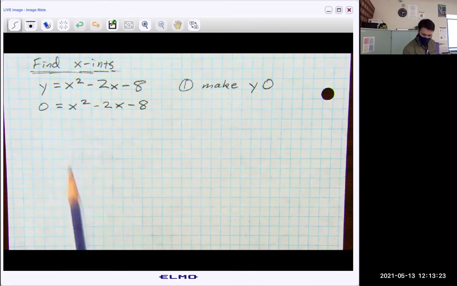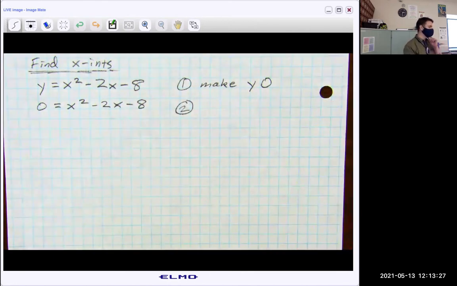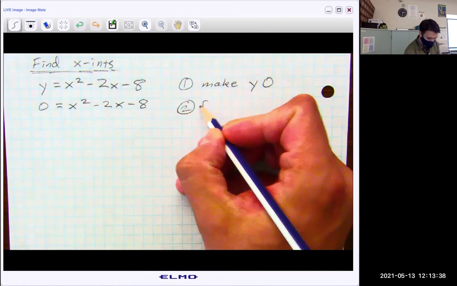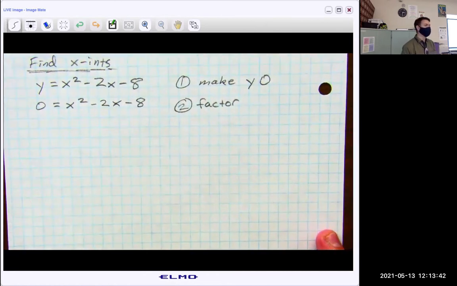So for the second step, instead of trying to do a bunch of inverse operations, which are going to get me nowhere, instead what I'm going to do is I'm going to kind of think a little bit. I'm going to say, hey, how did they make this quadratic? And when we do that, we call it factoring. So step 2 in finding an x-intercept is to always factor.